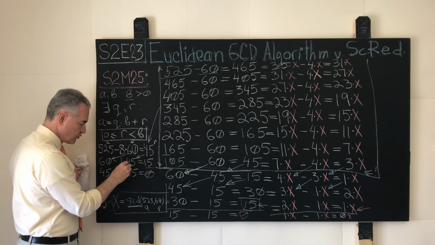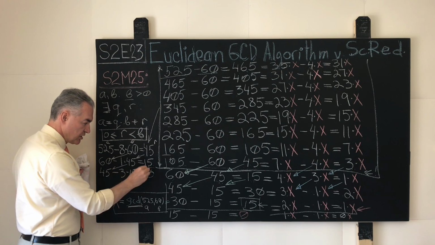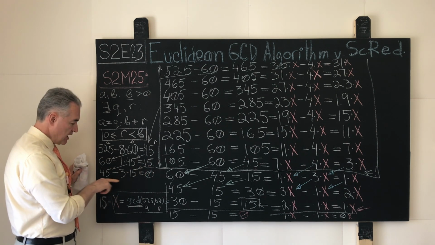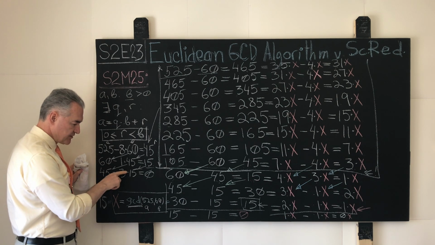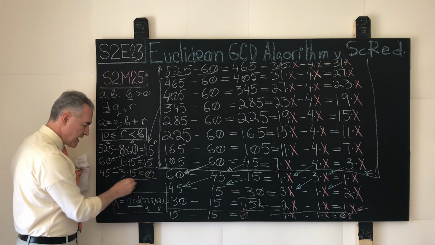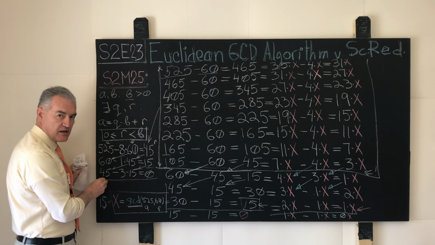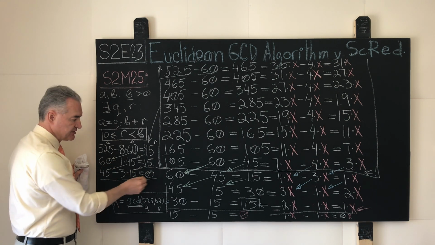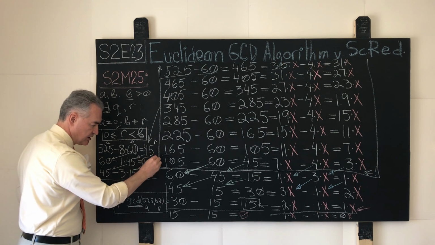So we again promote 45 into the new larger number. The residue is promoted into the new smaller number. Here, however, 45 minus 3 times 15 is 0. Bam! 0 terminates the algorithm. The number that immediately precedes 0 is the GCD in question.